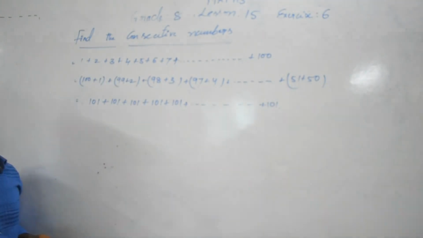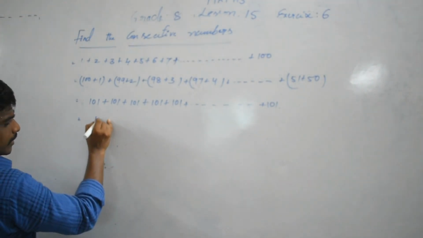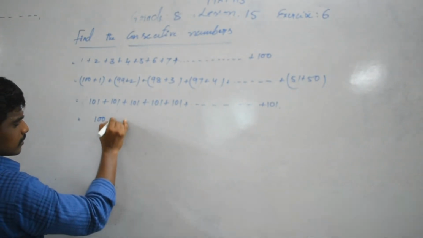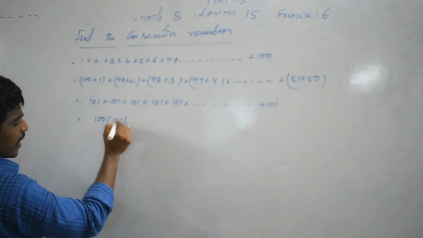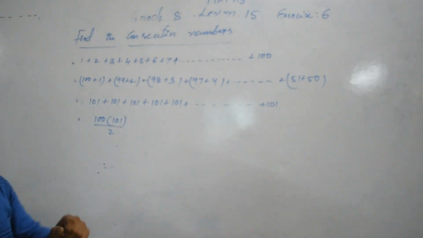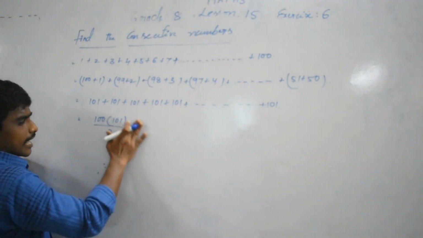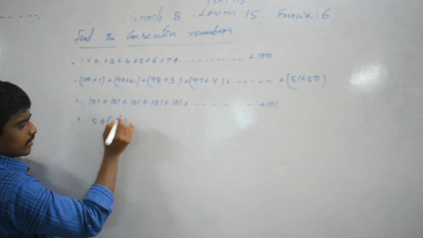Total 50 coming. So here 100 cross 101 by 2. See, this is like 101, 50 coming. So that 50 actually here, 50 cross 101.